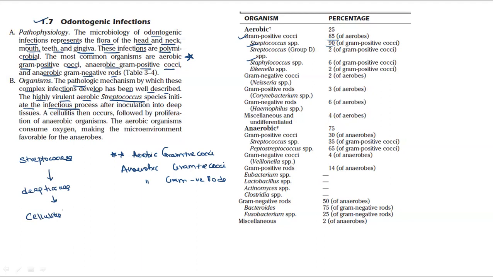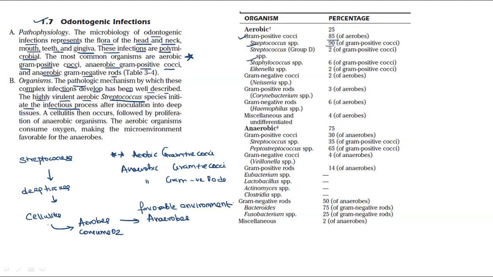The aerobic organisms consume oxygen, making the microenvironment favorable for anaerobes. So here what happens, aerobes consume oxygen. So now there is not much oxygen. So it is a favorable environment for the anaerobes. Okay.